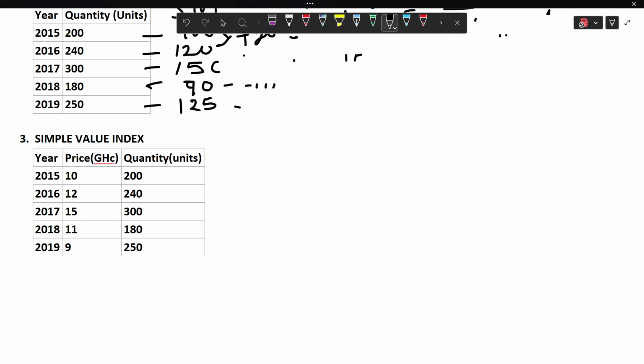So simple value index. Value is basically price times quantity.